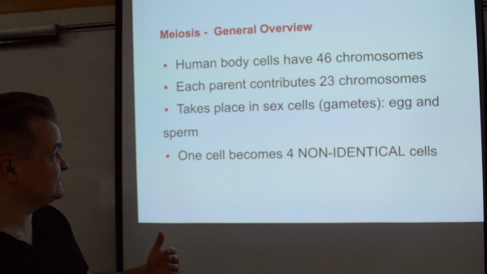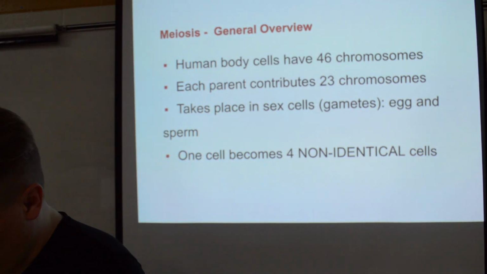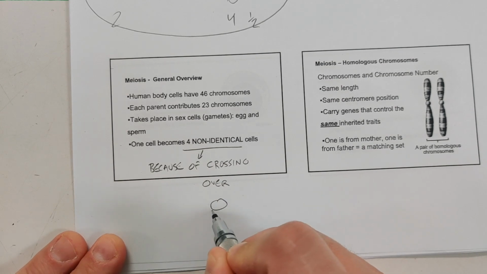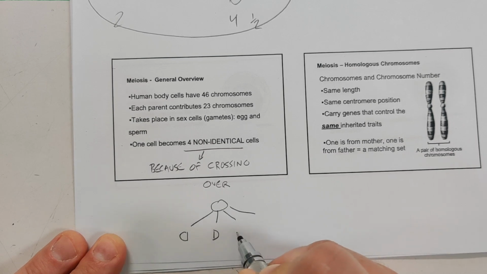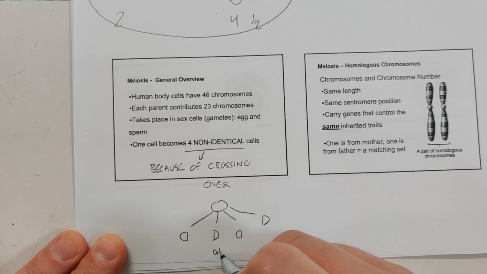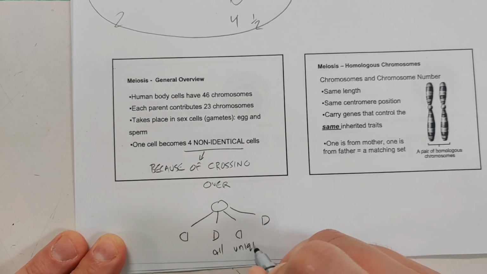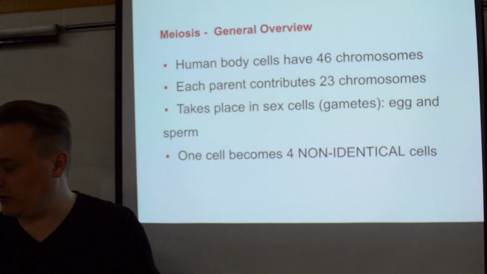Now you don't know what crossing over means yet, but basically what we're saying here, and you can draw this here, you're going to get one cell that's going to turn into 4 half cells. All unique. Okay? So let's get a little more into that.